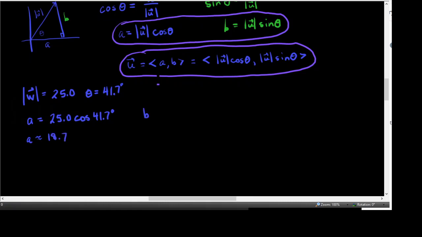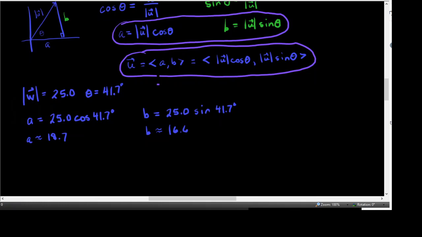And the vertical component B is going to be the magnitude 25.0 times the sine of the direction angle, and that ends up giving us about 16.6.